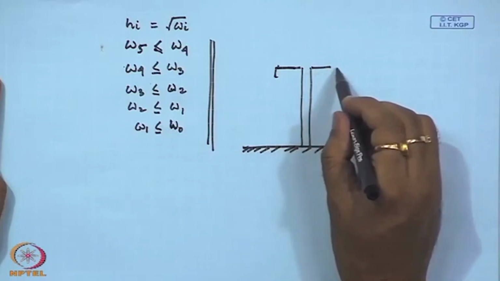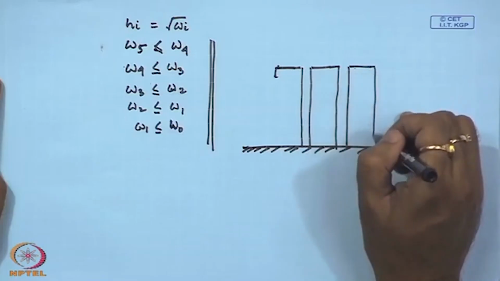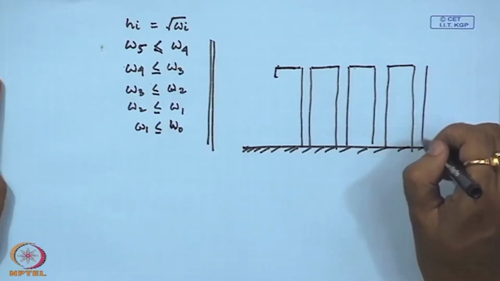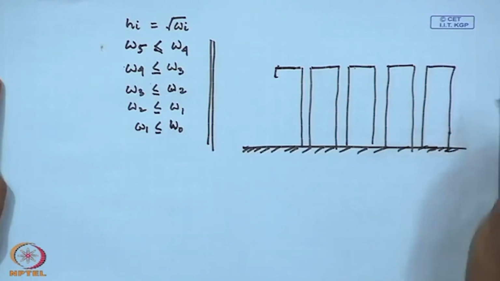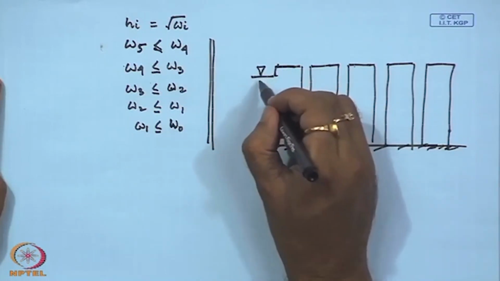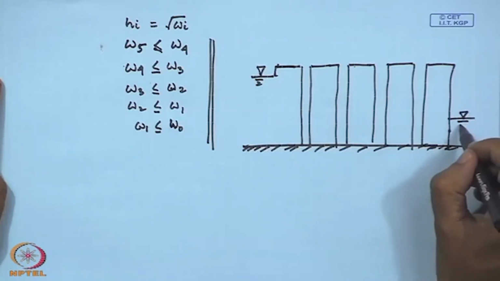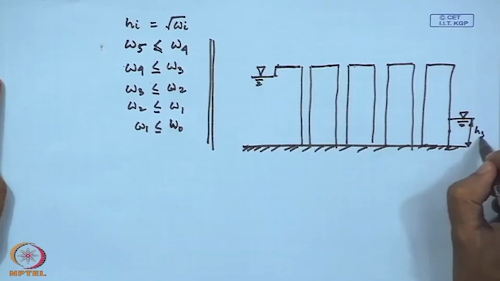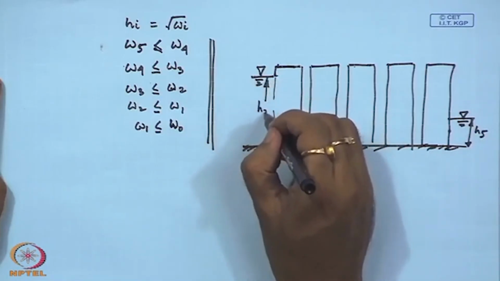So, this is the 4 well situation, and both the left hand and right hand boundaries are defined in terms of hydraulic head, that is basically H 5 and H naught.